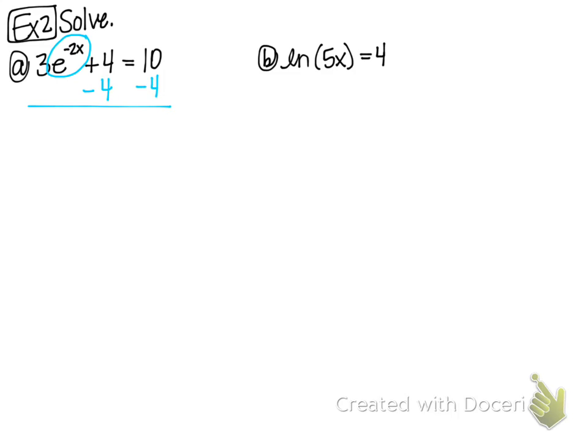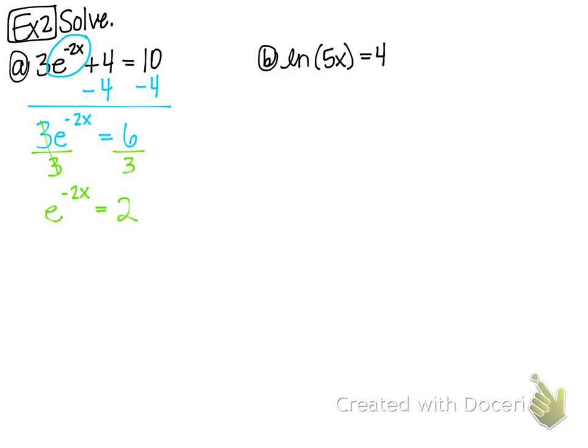And then we still have 3e to the negative 2x. The 4's would cancel and you're left with 6. Then, to get the e to the negative 2x isolated, we need to divide by that 3 that's in front of it. So we're going to divide both sides by 3. And you have e to the negative 2x is equal to 2.